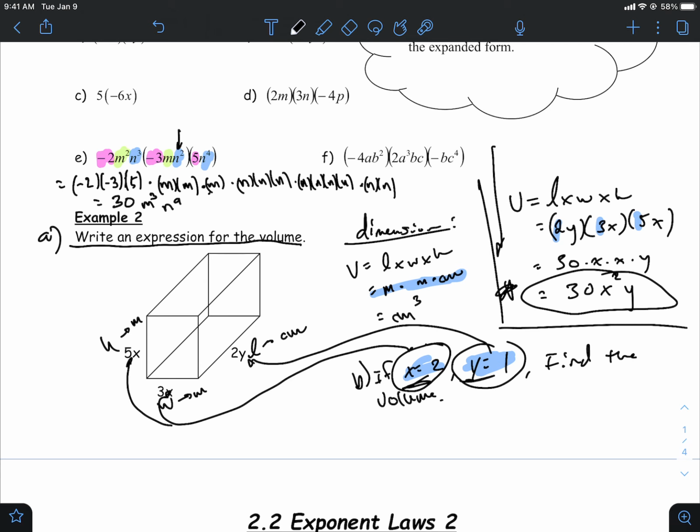So it's important to be able to develop the algebraic expression so that you can take any input and get an answer. So if I were to actually do this, the volume's going to equal 30 times 2 times 1. So it'll be 60 meters cubed, call it.